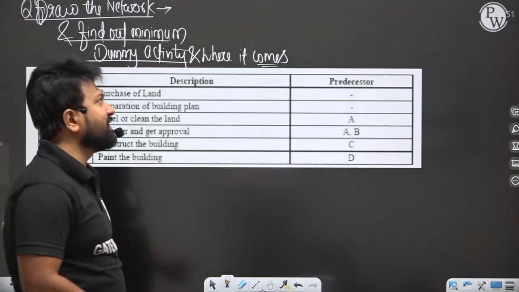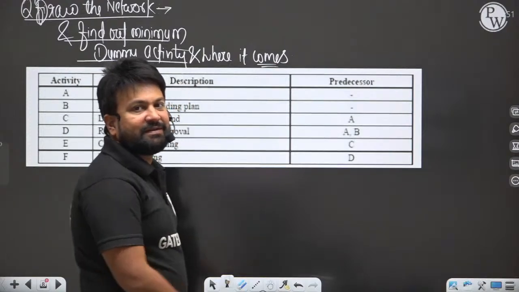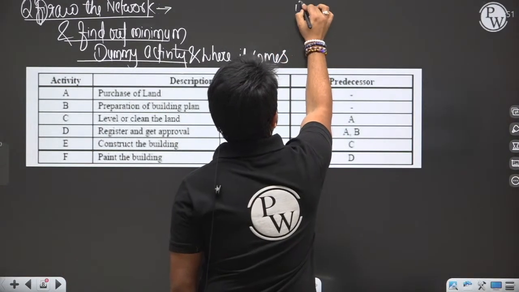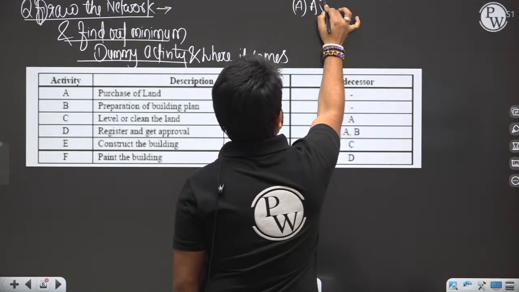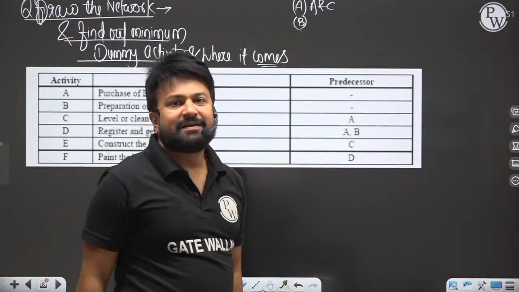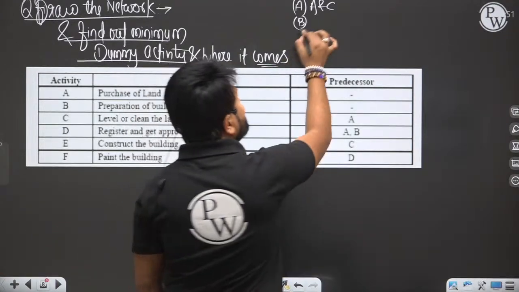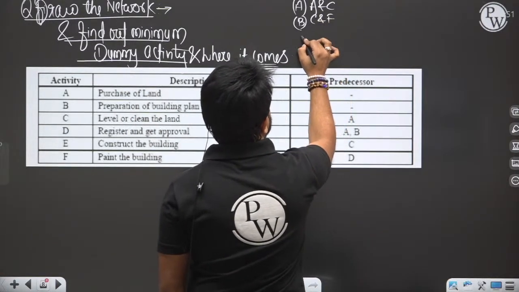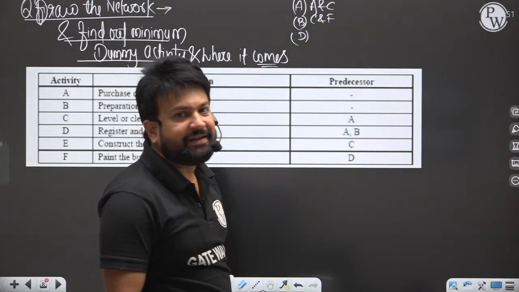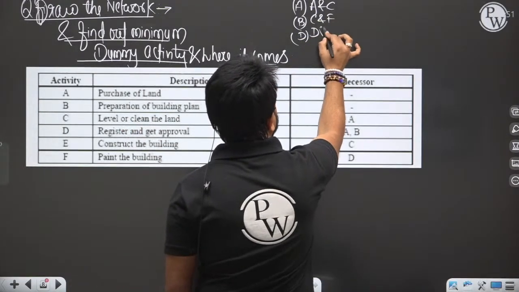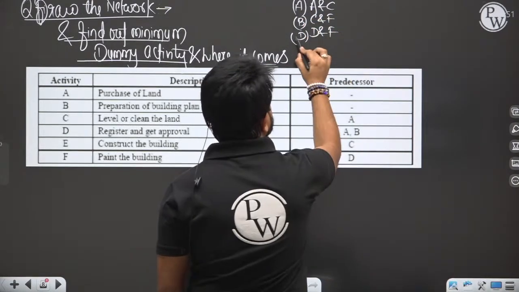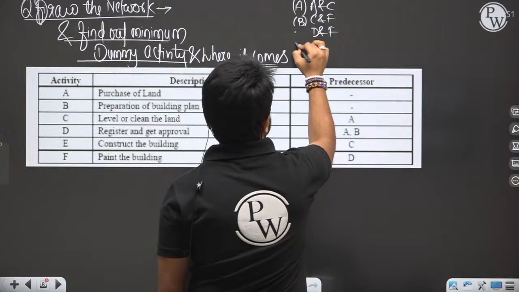Okay, I will give you the option, right? Between A and C, I will give you the option also. A and C activity, B, C and E, D. Option D, F. Option D, D and F. Sorry, it's A, B, C, it's a C option.